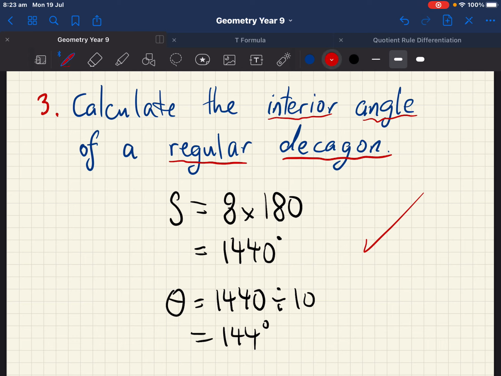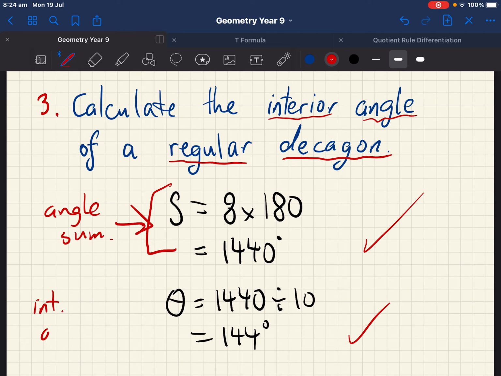As easy as that. They don't really get any harder. It's just the same sort of thing. Calculate the angle sum. Once you've done that, you can then find your interior angle by dividing your angle sum by the number of angles. And that's it with our 3 examples.